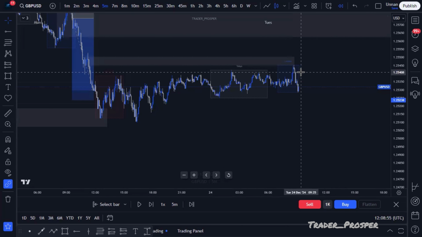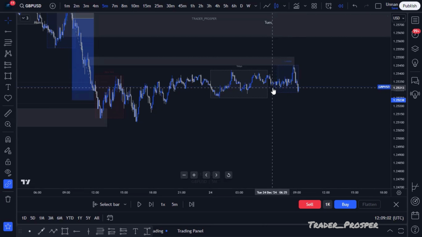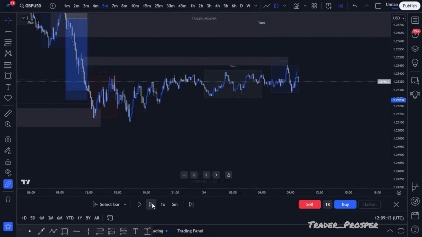So you don't want to be entering at this point because price might easily retrace and hit you out. As soon as price breaks and sweeps above this liquidity that has been stacking during the London session, I want to see a retracement back into this one. Then if we see a final confirmation, we're going to be executing.